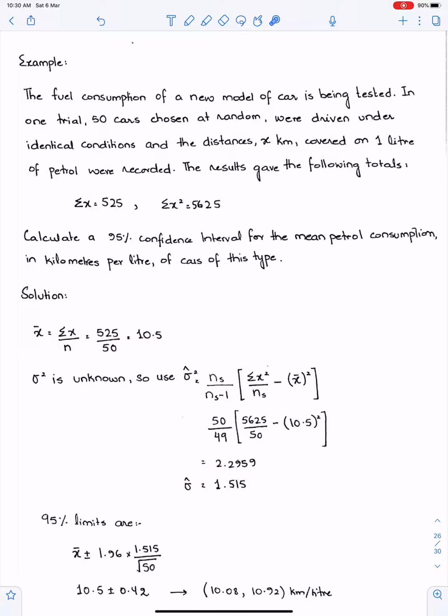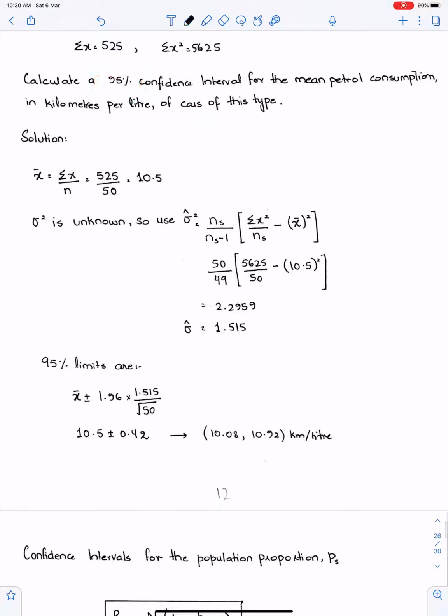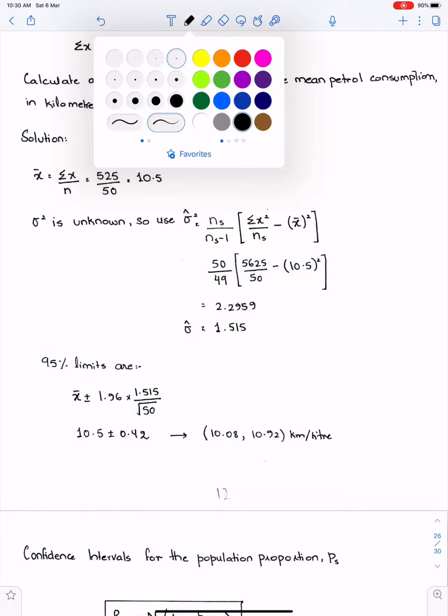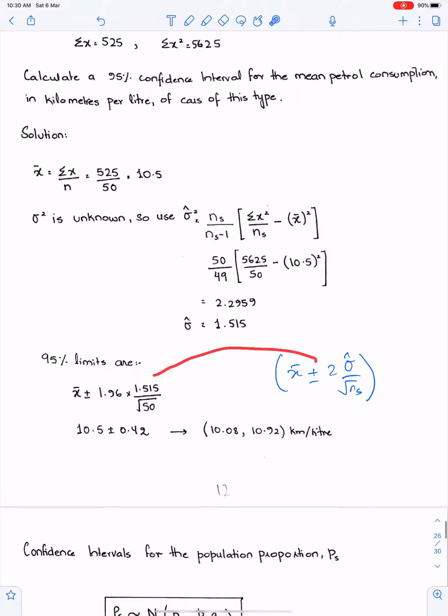Now we have to form a 95% confidence interval. So we are using this formula here, x bar plus minus z sigma cap over root n.